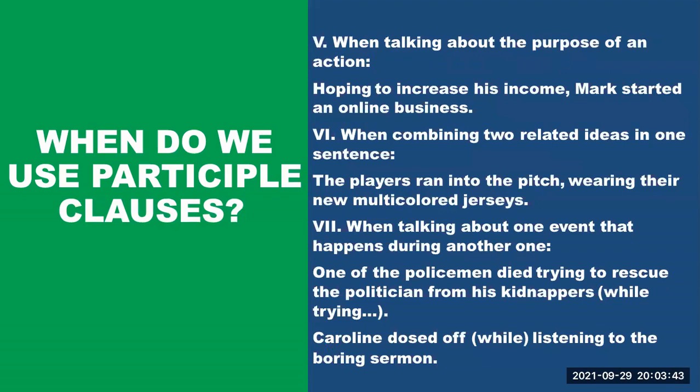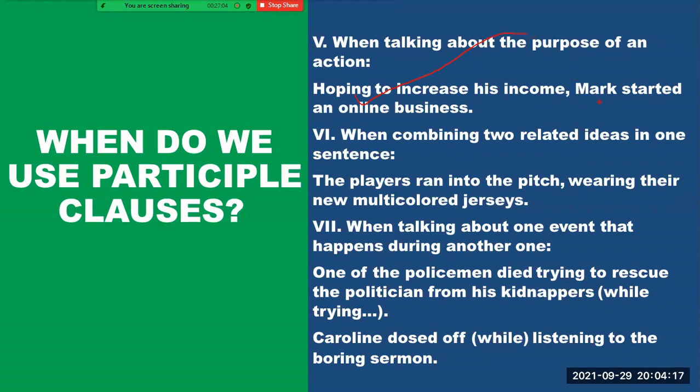Now, let's look at another reason for using participle clauses, or the purpose of using it. When talking about the purpose of an action, we use a participle clause. For example, hoping to increase his income, Mark started an online business.